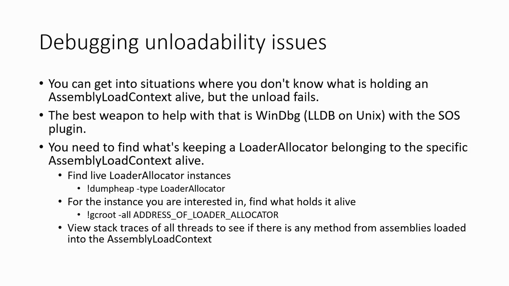And if gcroot doesn't show anything, then you probably have threads running inside of that method. So you can view the stack traces of all the threads and see if some of the code is running in the assembly load context.